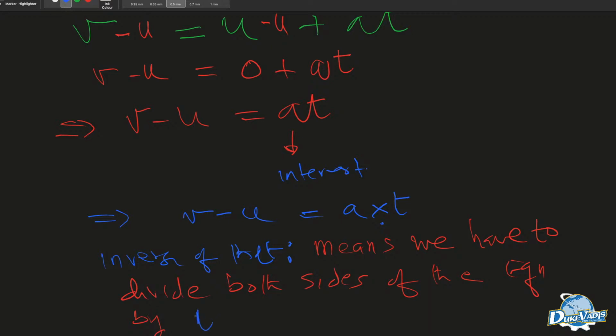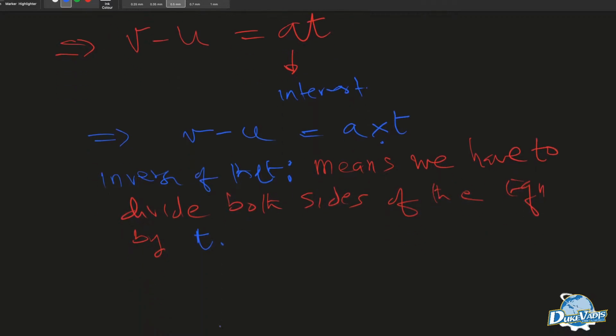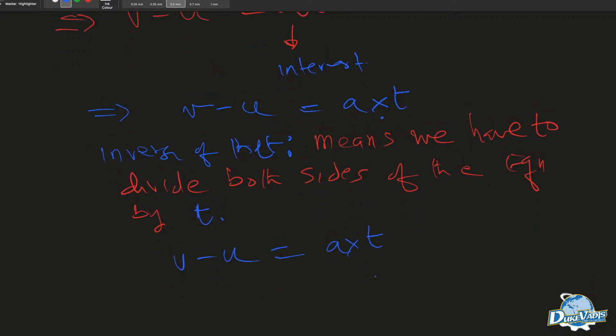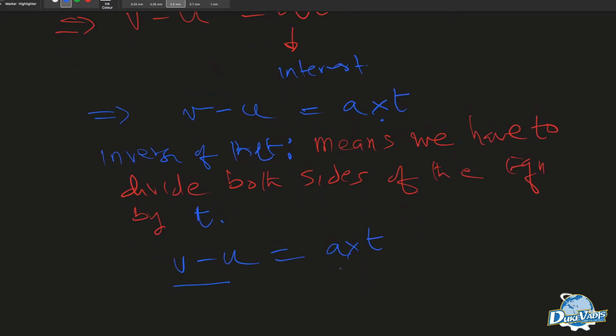So V minus U is equal to A multiplying T. Here, I'm going to divide by T. Remember, what you do to the left hand side, you do the same to the right.